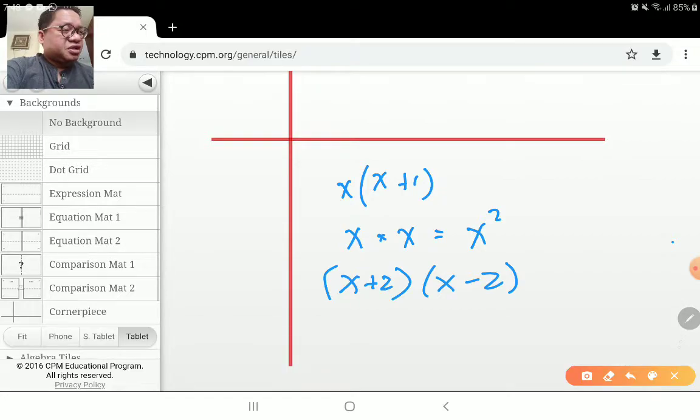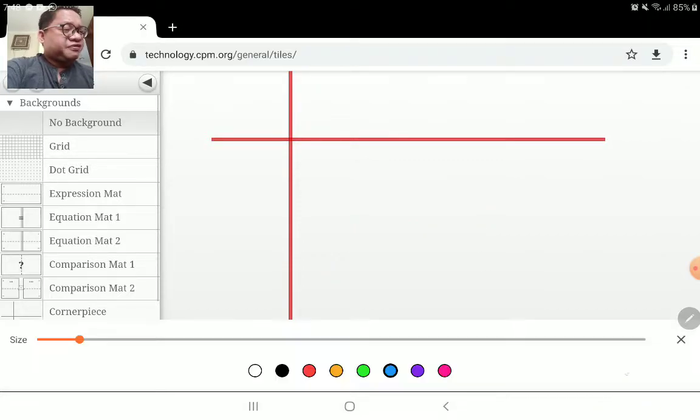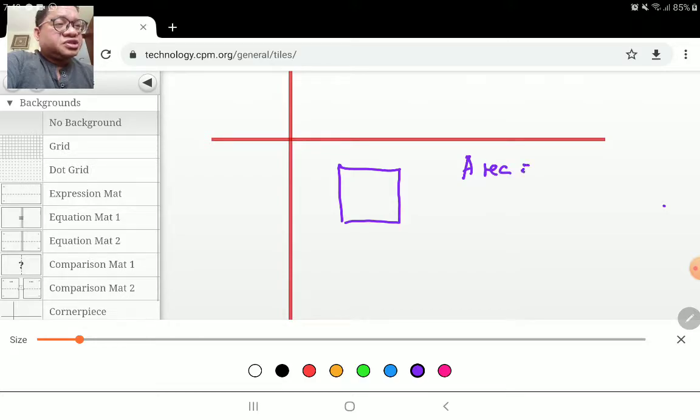But before that, let me just clear it. Let's try to revise the idea behind it. When you were in grade school, for example, and you have a square or a rectangle, to find the area, you have here the length, you have the width.